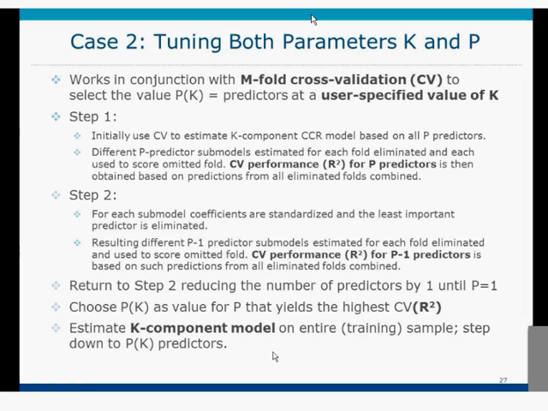So we use M-fold cross-validation to substitute for the function performed by p-values. In this case, we eliminate, quote, non-significant predictors. Here we're eliminating so that we only have 3 predictors, and we see which are the 3 most important that come in. That's the basic idea.